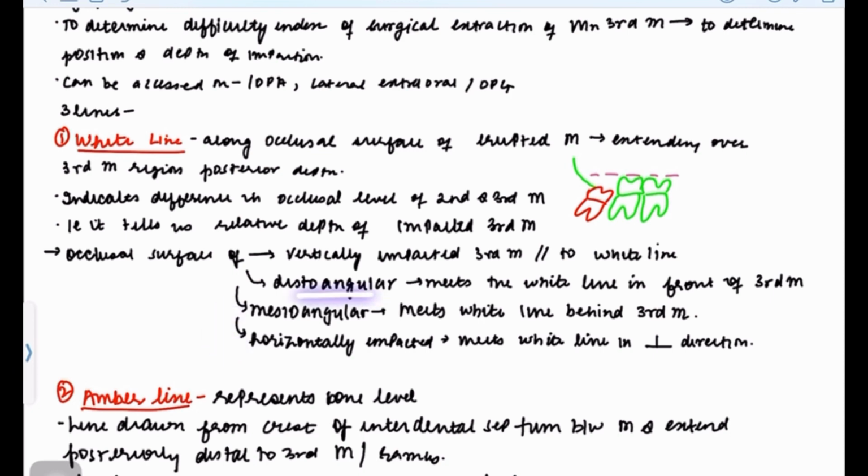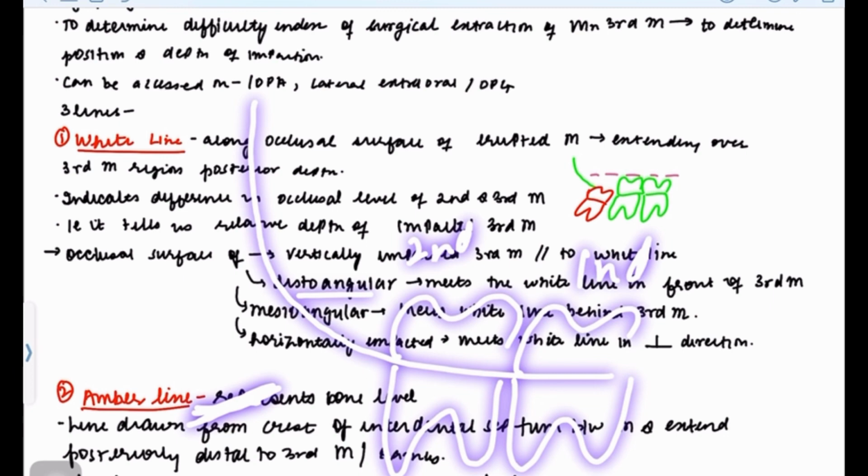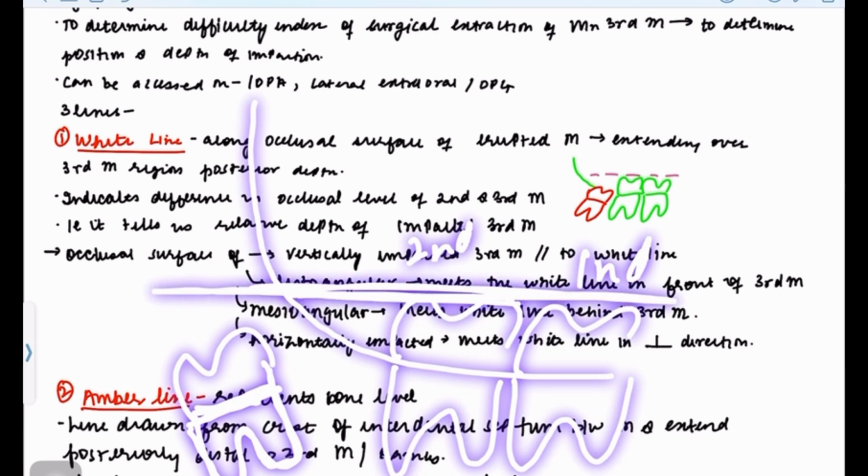So what is distoangular? If this is my first molar, this is the second molar, and this is my impacted molar, which is distoangular. In this case, what will happen? This is my white line, and here is the occlusal plane of the third molar. If these lines have to meet, this point will be above, in front of the third molar.